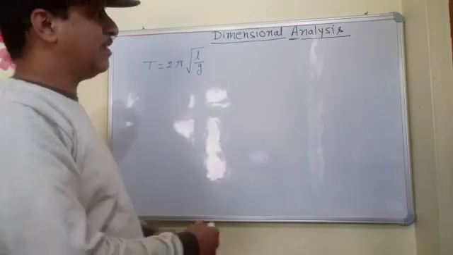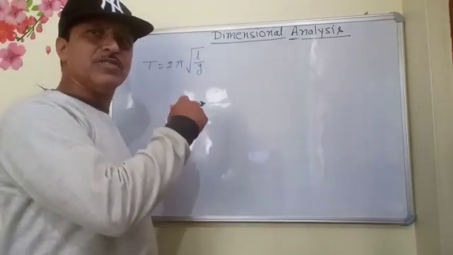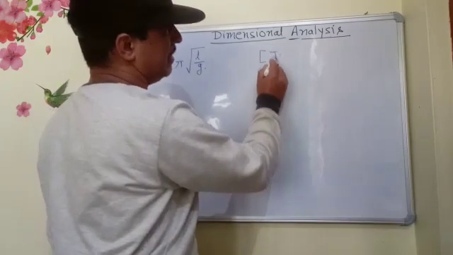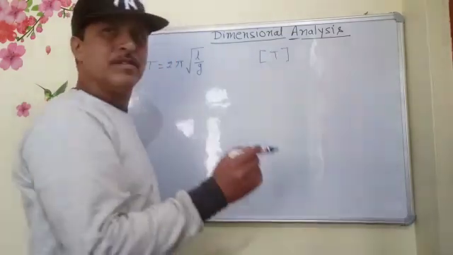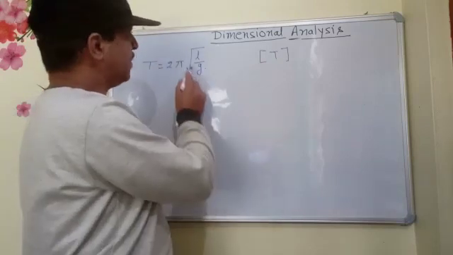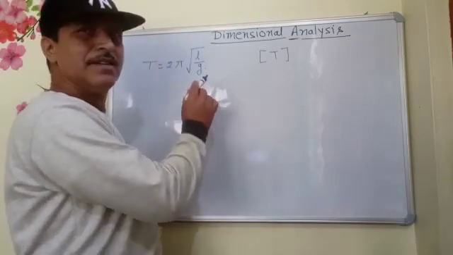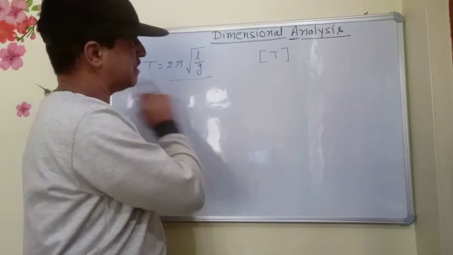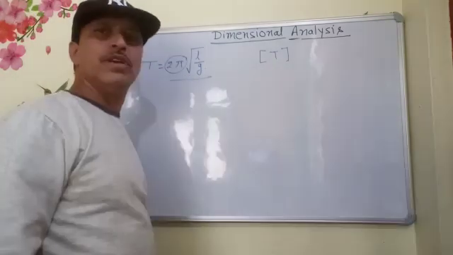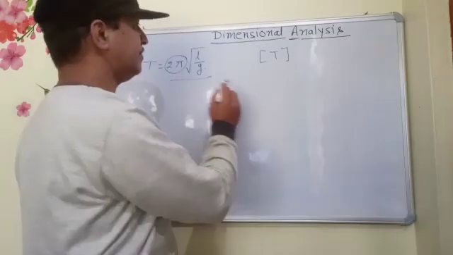So for that, what we do, we'll write the dimensions of the left side first, that are T. M and L are absent on this side. Then go to the right hand side and check the dimensions of this term. You know 2 pi is a number, so it has no dimensions.